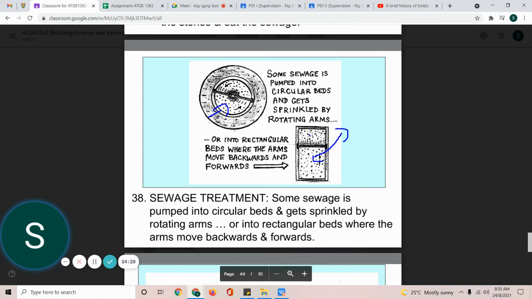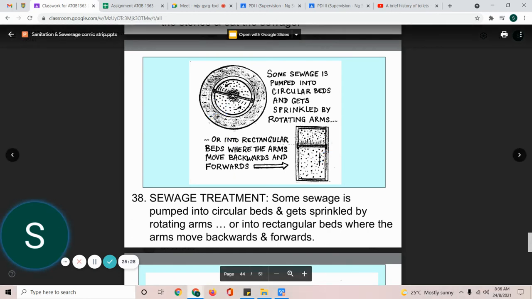It can be in a round shape or it can be in a square shape, as these arms move back and forth across the square tank, or around the round tank, they are actually just disturbing the surface of the sewage. This disturbance allows for more physical contact and movement, which will allow more oxygen to be absorbed into this sewage water.